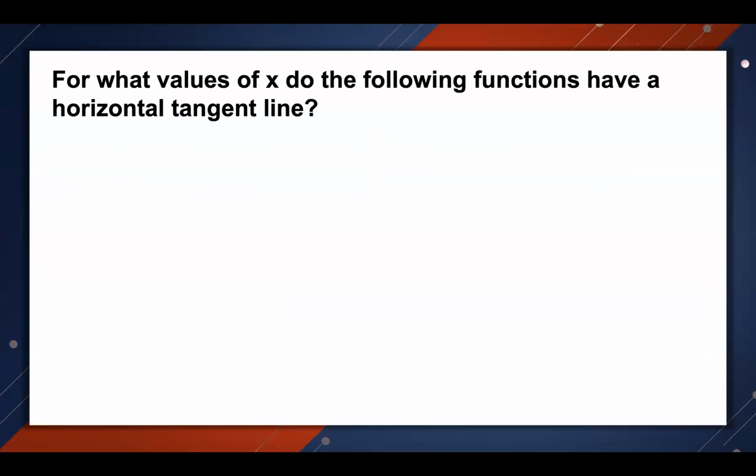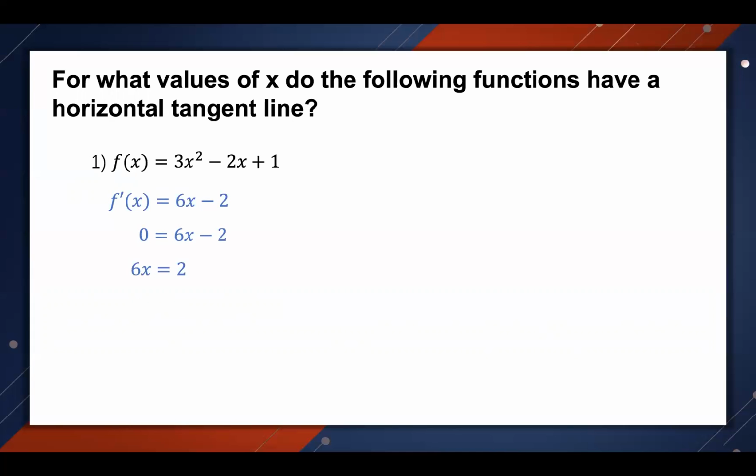For what values of x does the following function have a horizontal tangent line? The first example: f of x equal to 3 times x squared minus 2x plus 1. First we get f prime equal to 6x minus 2, and we set it equal to 0 to get the horizontal tangent line.